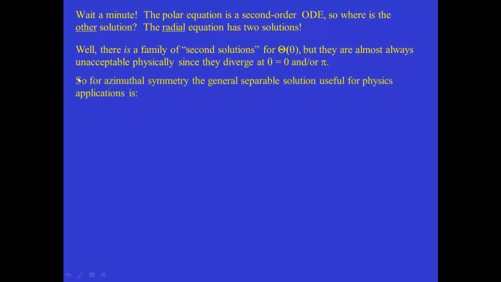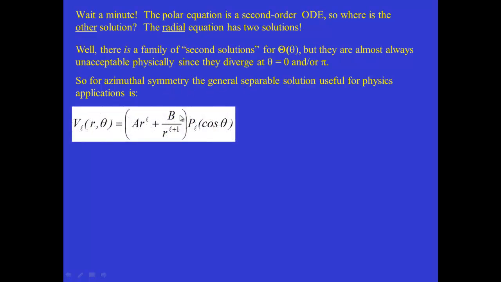So for azimuthal symmetry then, the general separable solution that is useful for physics applications is the product of the radial solution, capital R of r, and then the Legendre polynomial, which was the capital theta of theta. And so we will call this V of r and theta, and we'll label it with an L because, of course, L can be 0, 1, 2, 3, and so on.